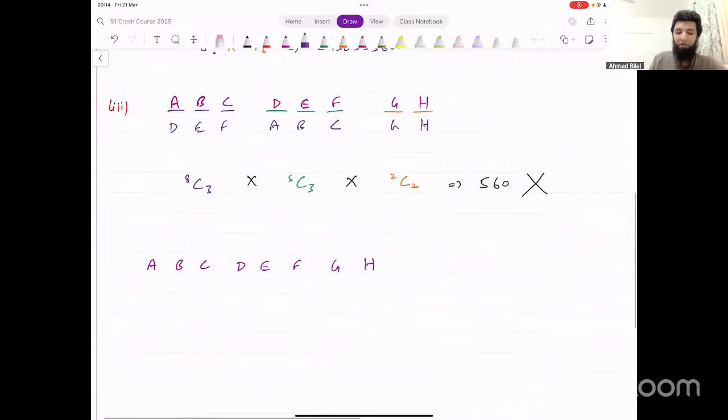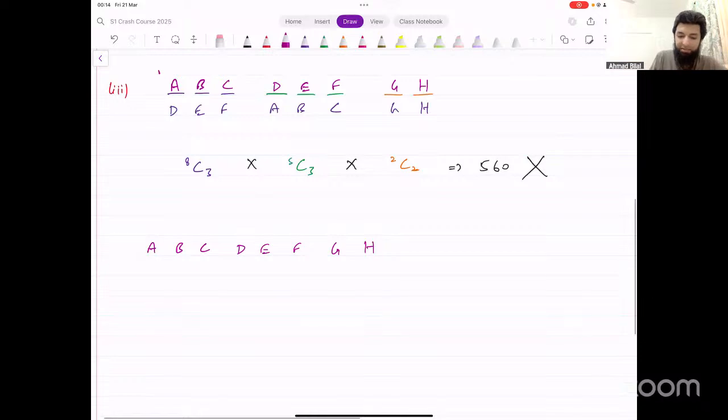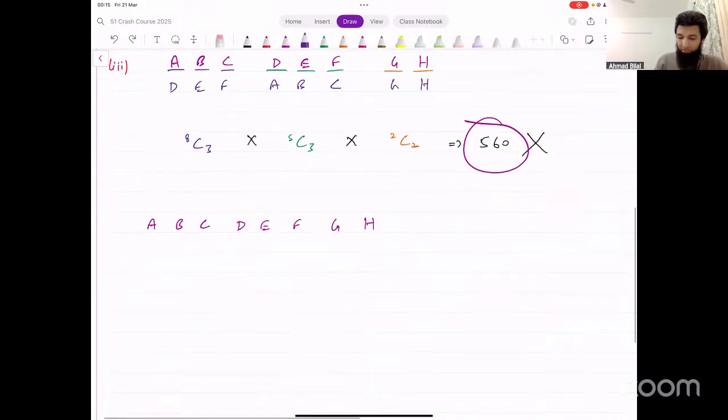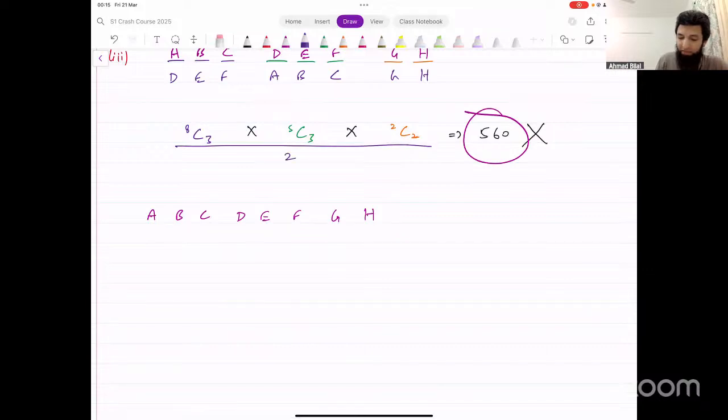So we have to account for the fact that since these two groups have the same size, if we switch them, if these people go here and these people go here, this 560 is counting these two groupings twice. For that reason, we would have to divide this number by 2 factorial.